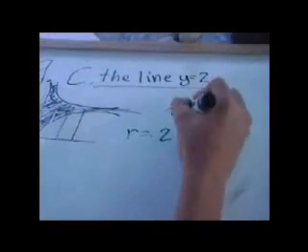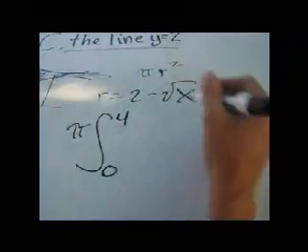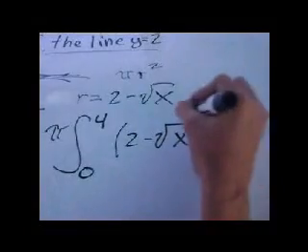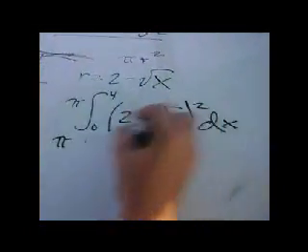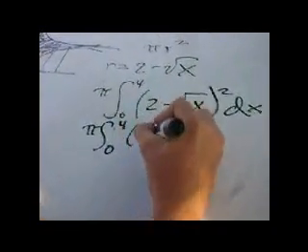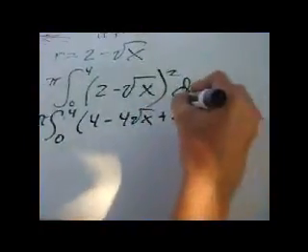So you just plug it into the formula. You take the integral from 0 to 4, as we found the limits before. So you just plug it in, and you'll get 2 minus square root of x squared dx. Alright, so after that, you'll square it, and you'll get an integral from 0 to 4 of 4 minus 4 square root of x plus x dx.